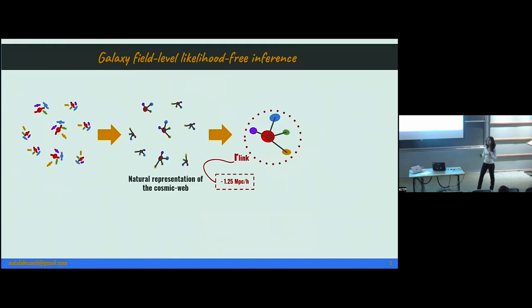In all the best models that we find for each of the tests we have done, this R link is around 1.25 megaparsecs per h. If we go far away from this value, the results change and the predictions are not so good. But this is the best value in all the cases, from this hyperparameter optimization.